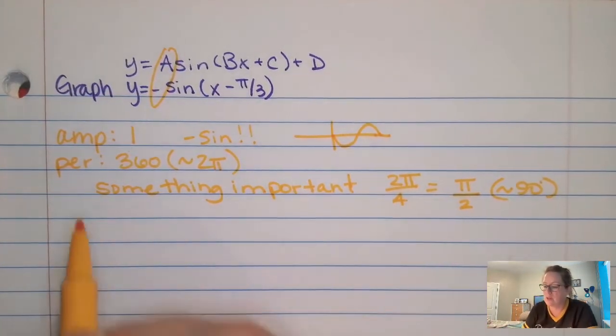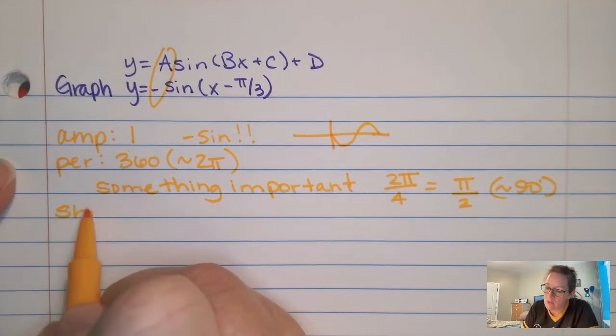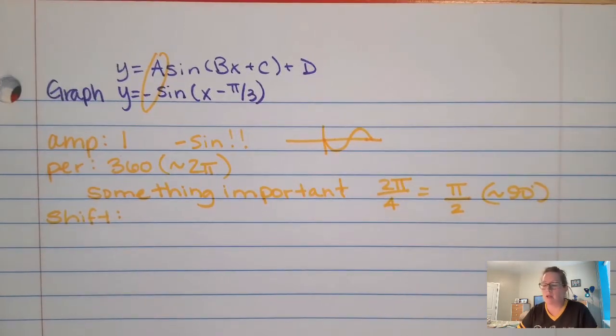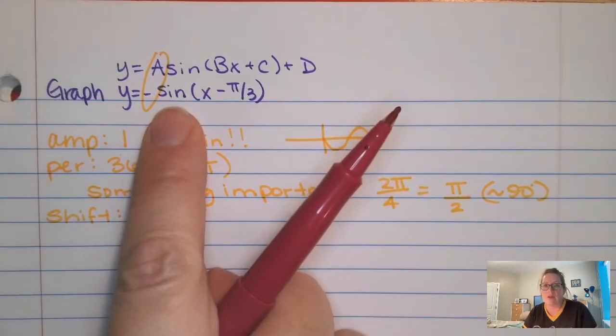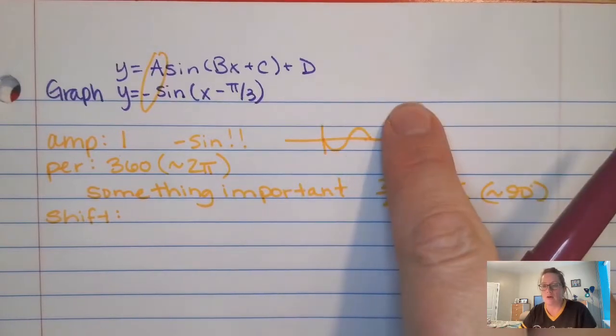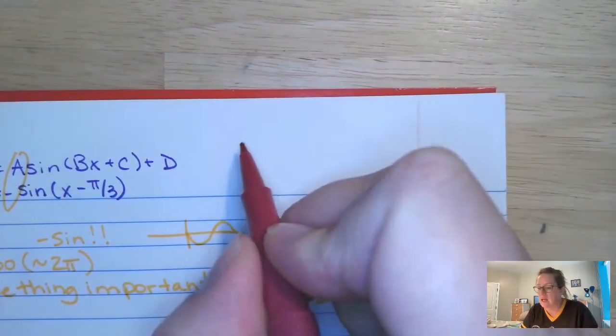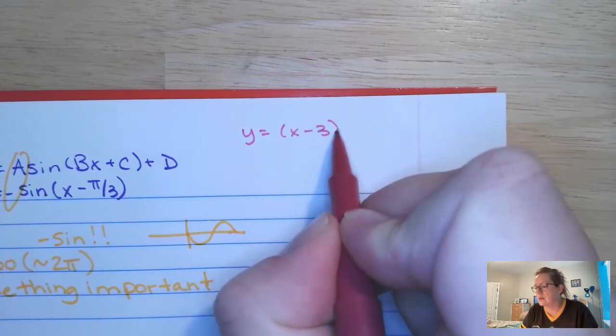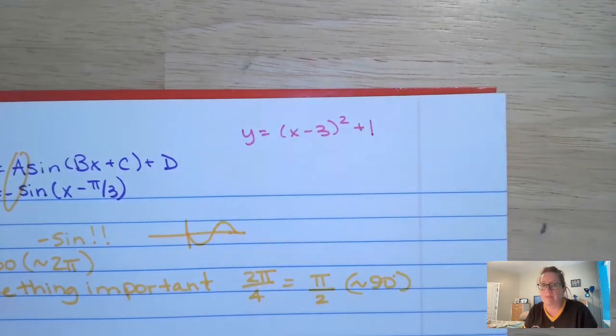Okay, now we need to do the new part, which is our shifts. For our shifts, remember back in the beginning we did parent functions, like chapter 3, and the equation told us what shape we're going to have. So we know it's a sine graph. We know the shape is going to be a sinusoid curve, right? But let's go back, it will be fun, and look at this one, okay?